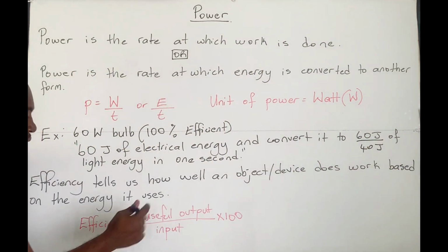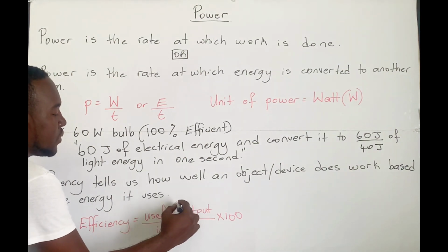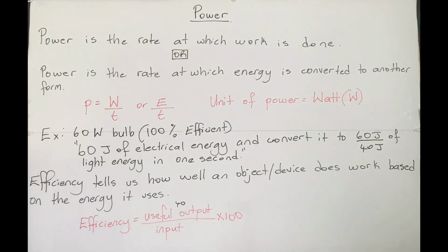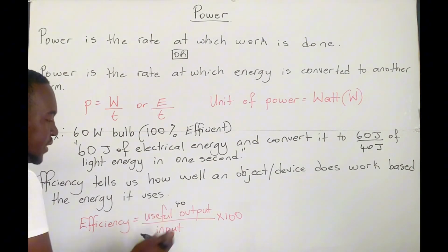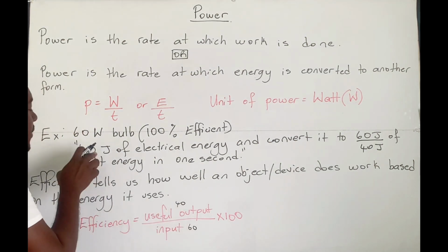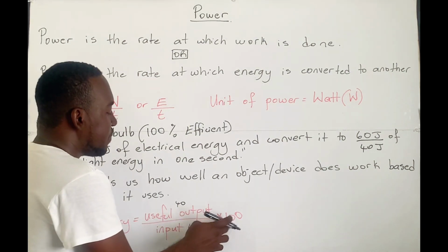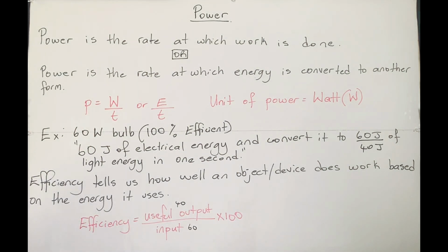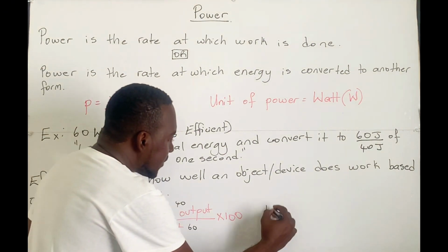Then the useful output would be 40, because a bulb is only useful when it gives light. So it's 40, and the input would have been 60, multiplied by 100.